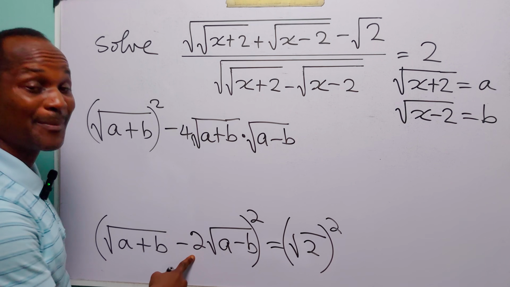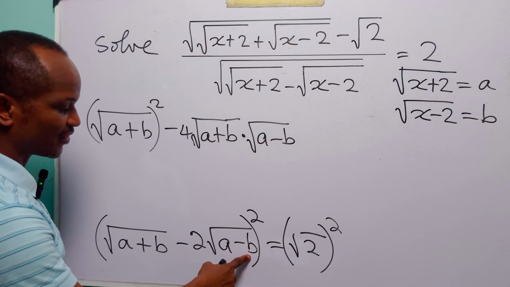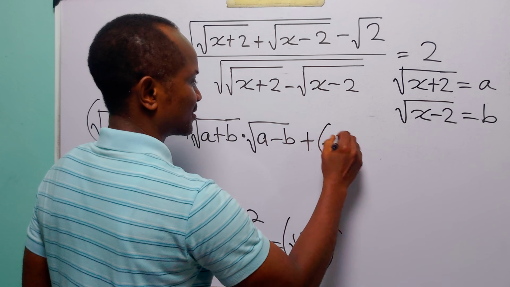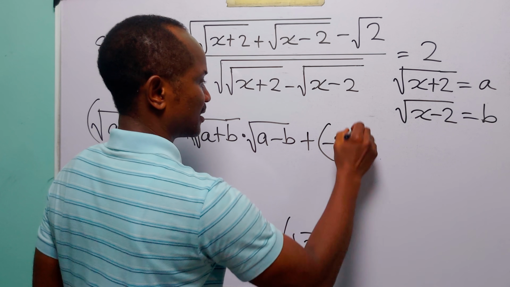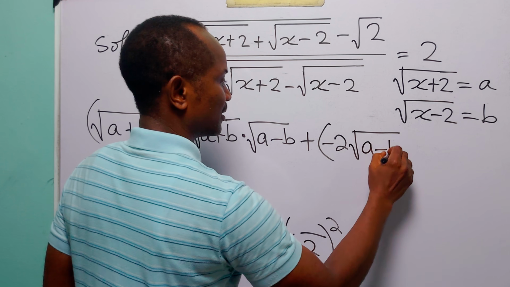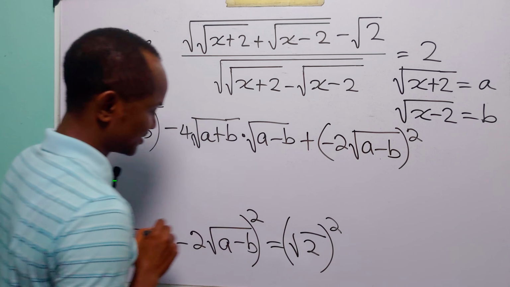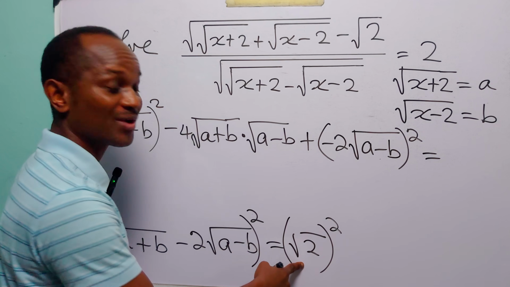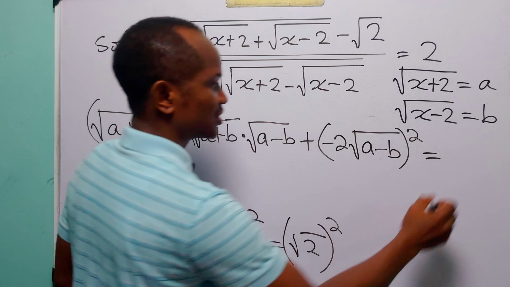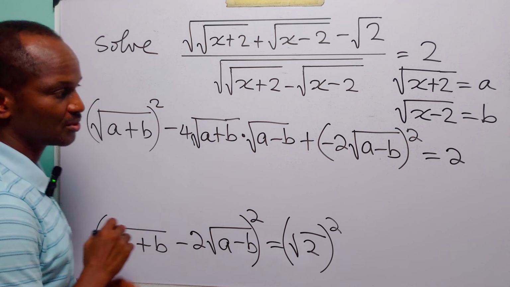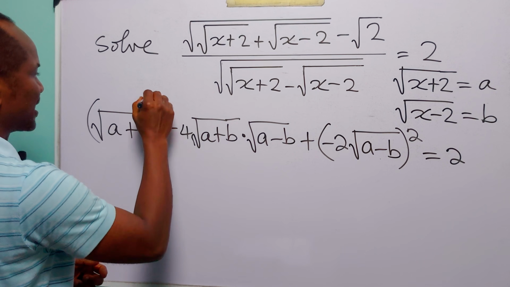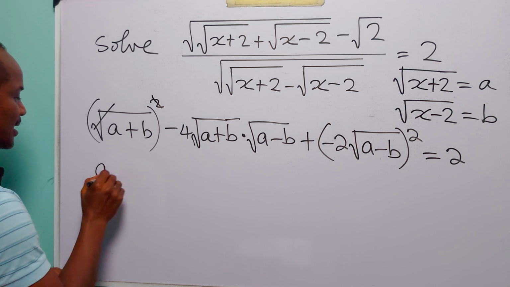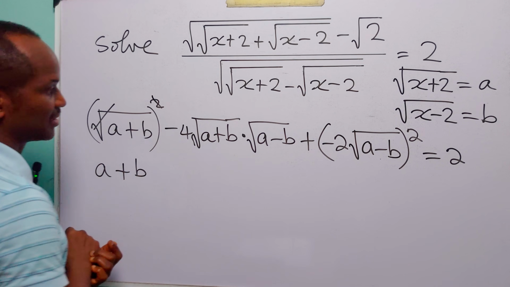And of course, we have minus 2 times the square root of a minus b squared. And this is equal to the square of the square root of 2, which of course is equal to 2. Now you know that this is going to take care of that, leaving us with a plus b.